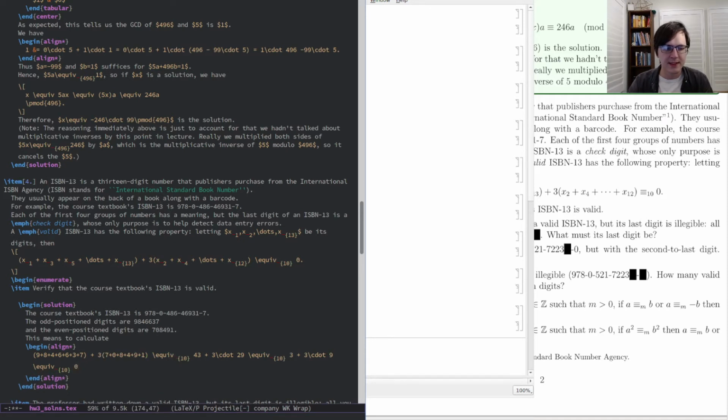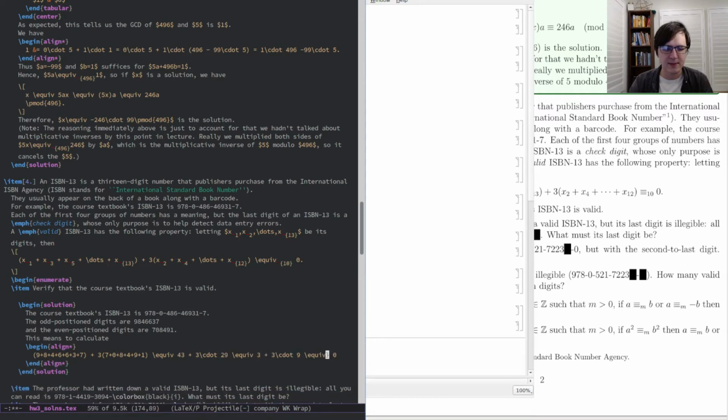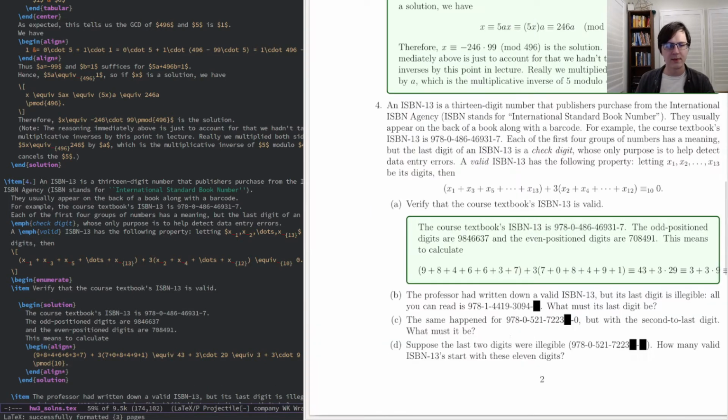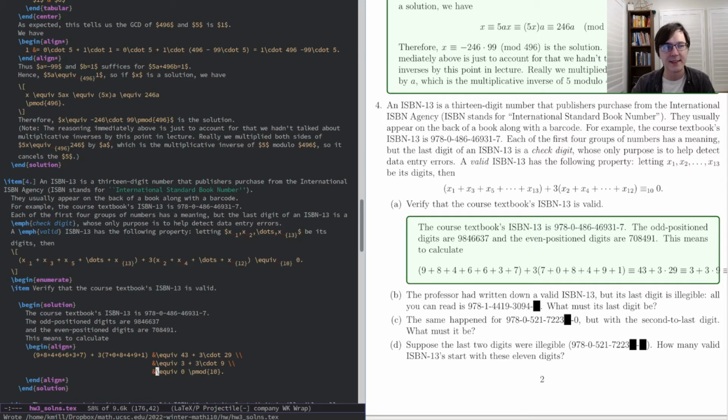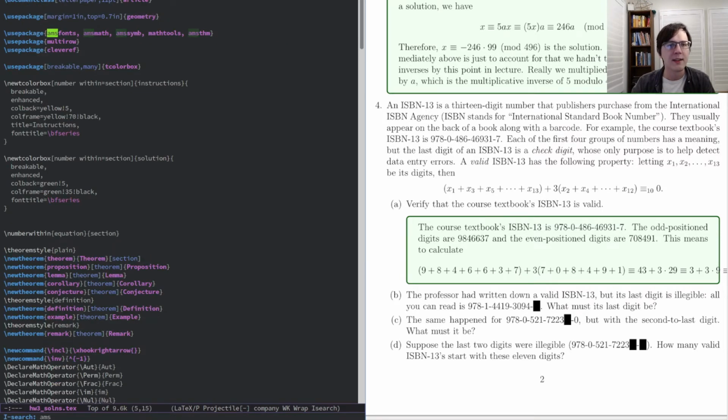Also, maybe to mix things up, I know I already typed it, let's turn this into a p-mod. Oh, that looks... This is why I set things up in a line, because I can add these breakpoints easily. Now this is part of AMS math.